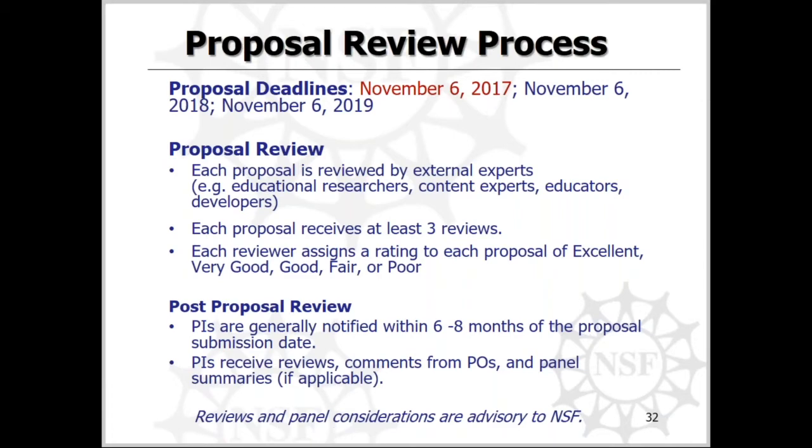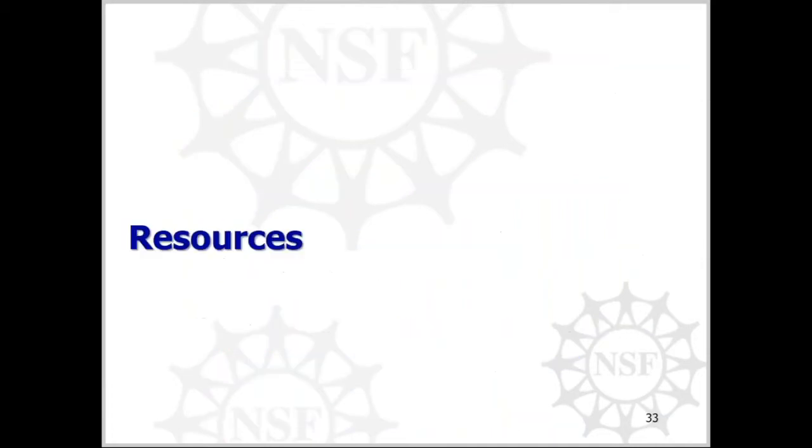They receive panel summaries when appropriate and comments from program officers. We're really interested in having a balanced and diverse portfolio. So it's quite a process when looking and reviewing proposals and then making decisions in terms of funding. Okay.